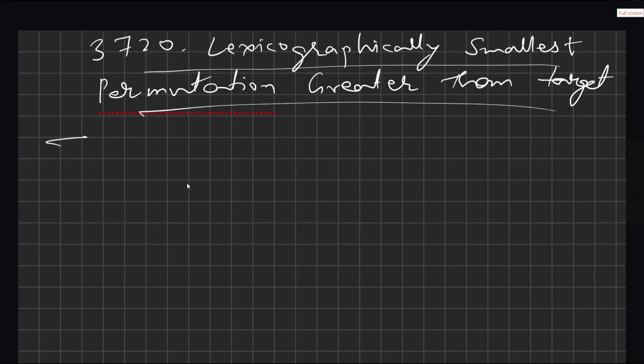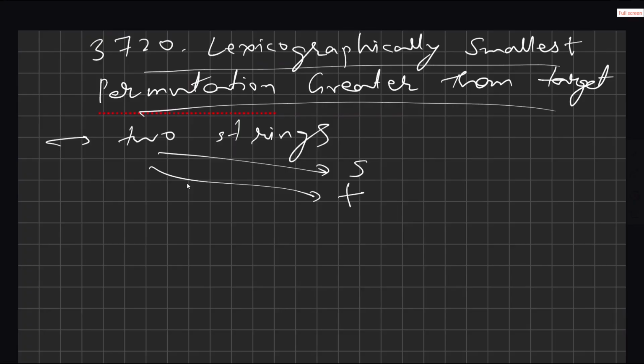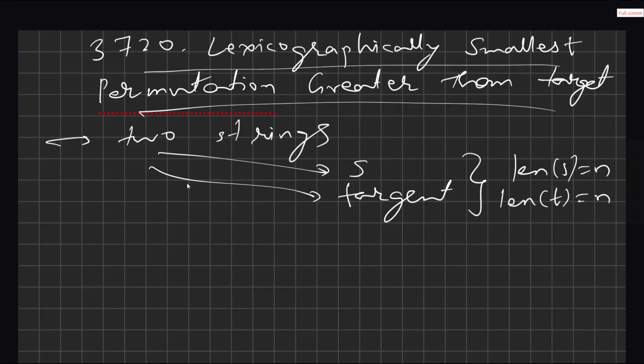Basically what they're saying is they'll give two strings. One string is S and the other string is target, and both strings have equal length, which is n. We can say the length of target is also n.